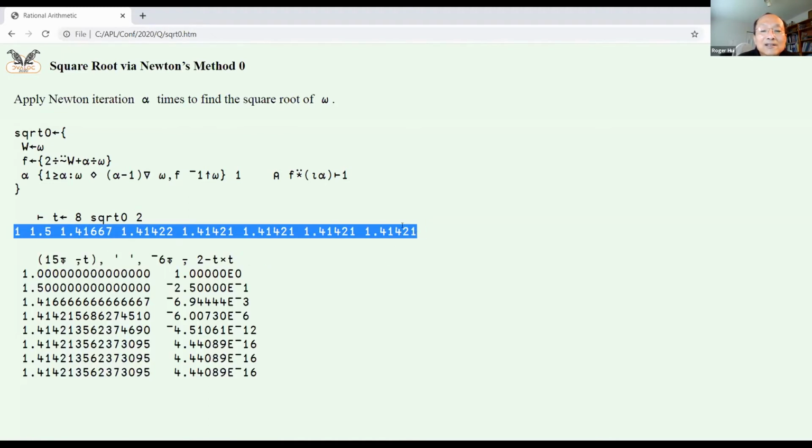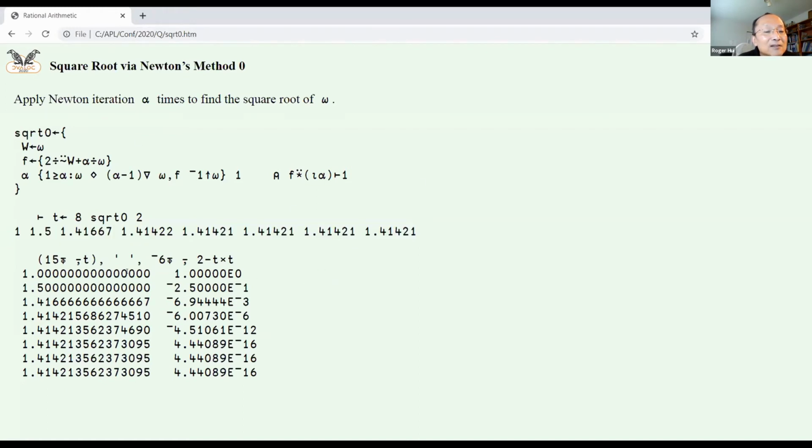As you can see, it's approaching the square root of 2. T is the 8 approximations. This is a display using 15 decimal places of the approximations themselves and the error in their approximation. Okay, so this is for ordinary numbers.